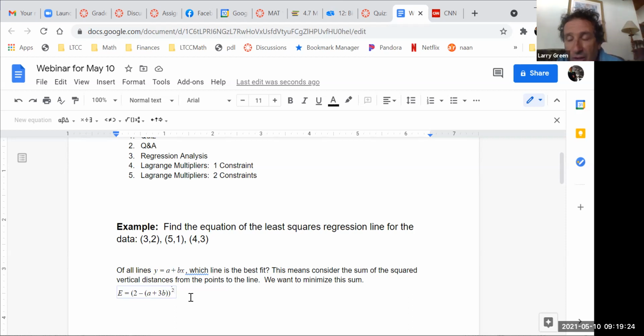Is that how you get the r squared value? Exactly. That's the idea of the r squared value. R squared is a little more complicated than what I'm saying, but that's how you start getting the r squared value. Any questions on that? Okay.